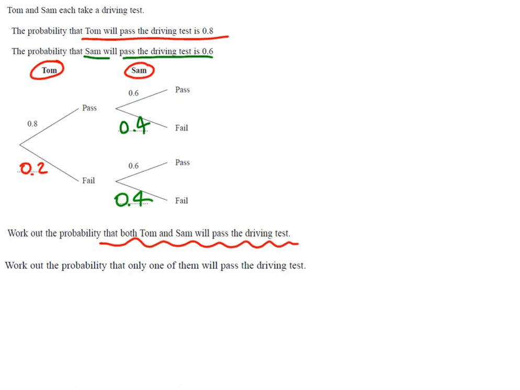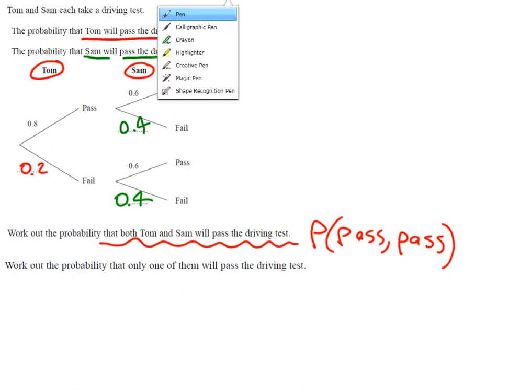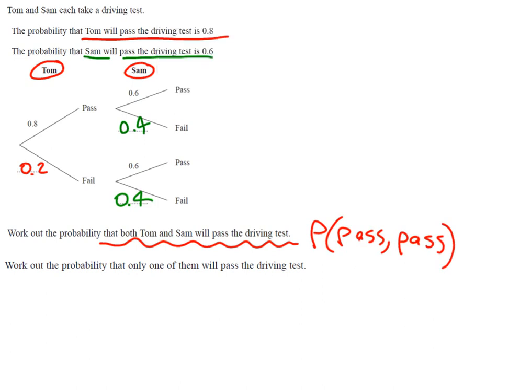So this first one, probability pass, pass. So let's look at the route we want to travel. Do it in highlighter. We want to go pass, pass. Very much like what we did before. So probability of a first pass is 0.8. Probability of the second one is 0.6. So you think about 0.8 times 0.6.